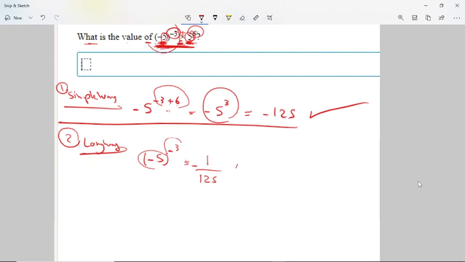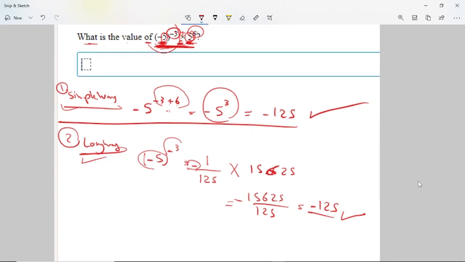Okay, multiplied by 5 to the power of 6, it will be 15,625. So it will be equal to 15,625 divided by 125. It will be equal to this minus, by the way, don't forget the minus. So it will be minus 125. So we have the simple way and the long way, and both are the same. The answer will be minus 125.